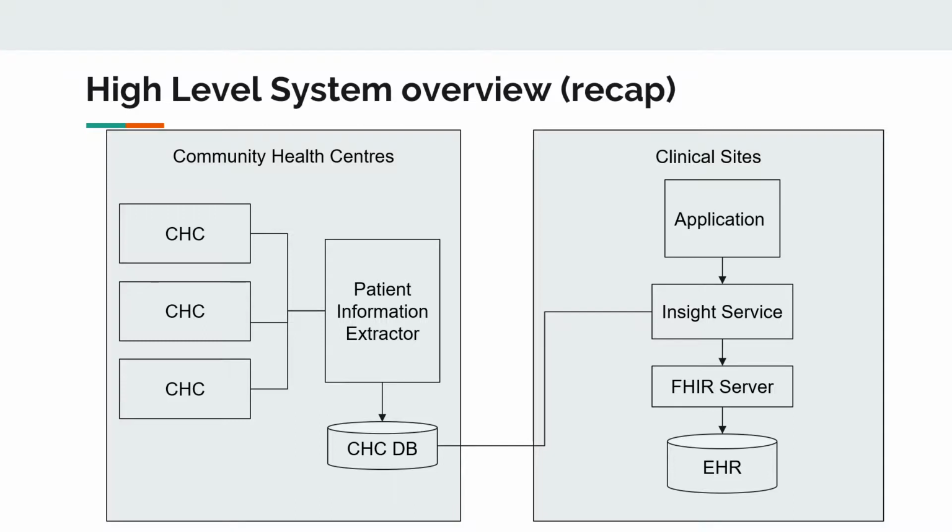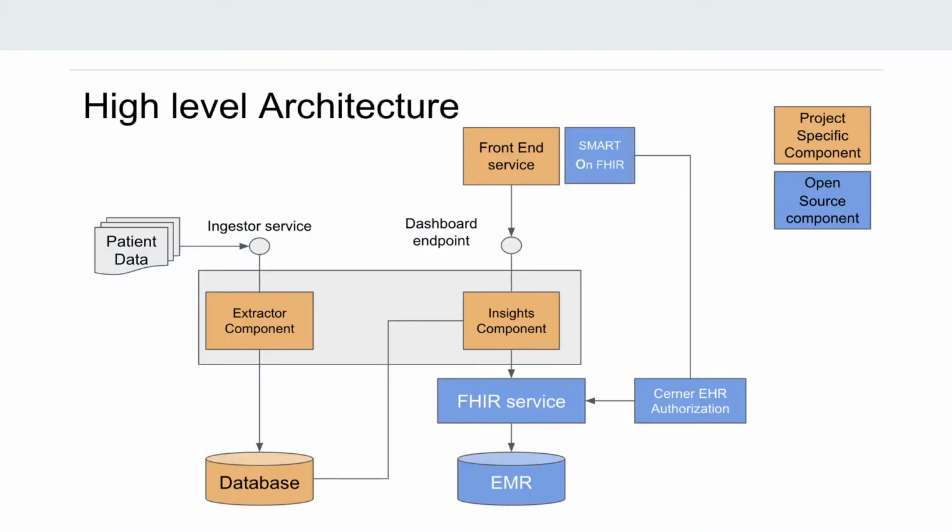Let's look at our high-level architecture. Orange boxes represent the project-specific components we have built, and blue boxes represent the open source components we have consumed for this project in the semester. In this diagram, patient data represents the synthetic data we discussed earlier in our example.